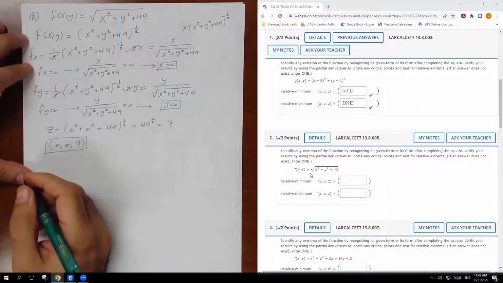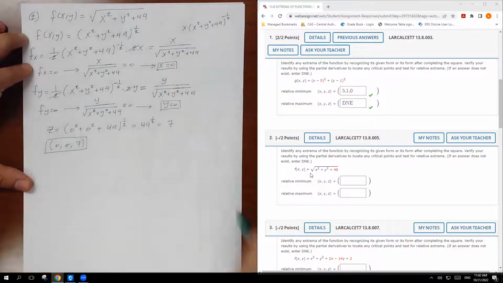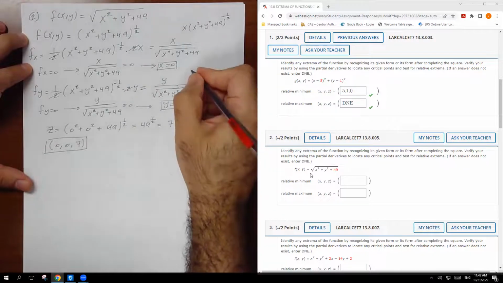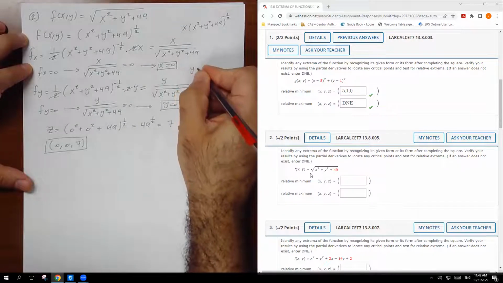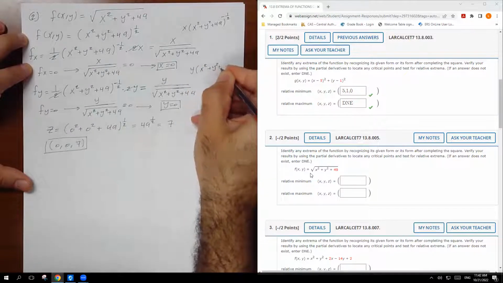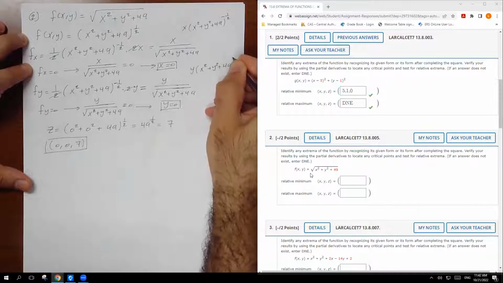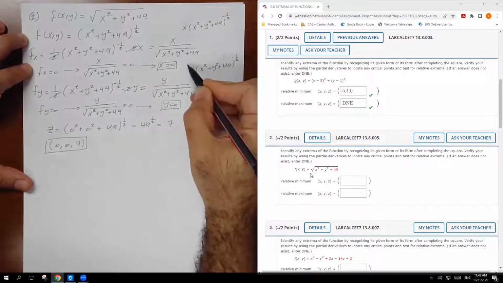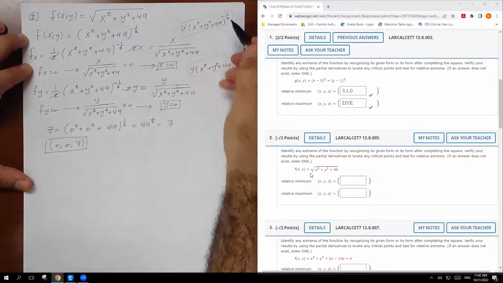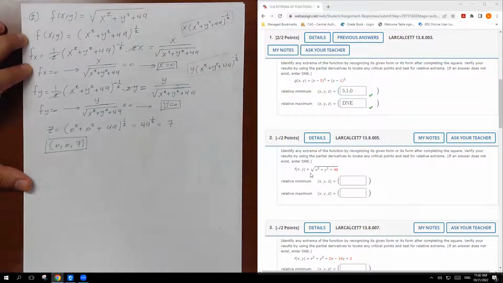Then the same thing here. When we need to find the second derivative with respect to y, I'm going to say this is y times (x squared plus y squared plus 49) to the negative half. So I'm going to use these two functions when I need to find the second derivative.